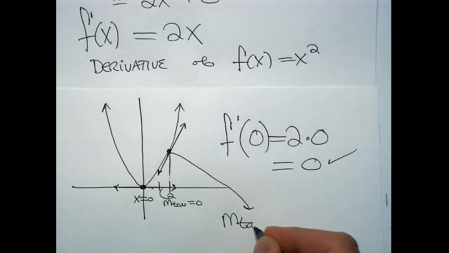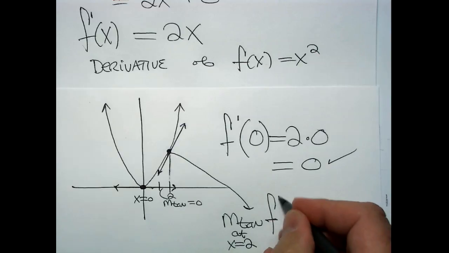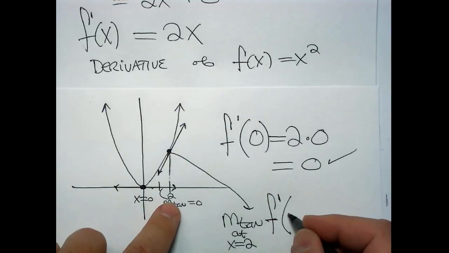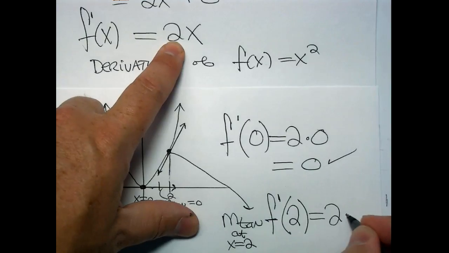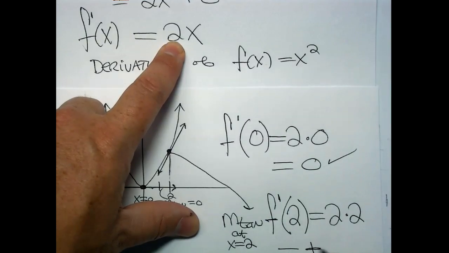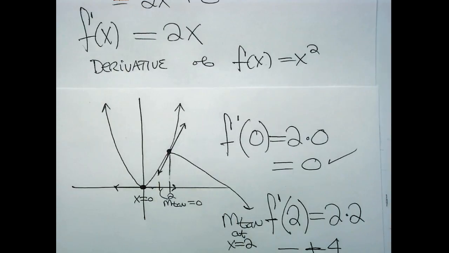You want the slope of the tangent line at x equals 2. Let's go right to that first derivative, f prime, and plug in where we are at 2. So that's 2x up here. That's 2 times 2. The slope is positive 4. And doesn't that look like a positive slope? So the slope is positive 4.